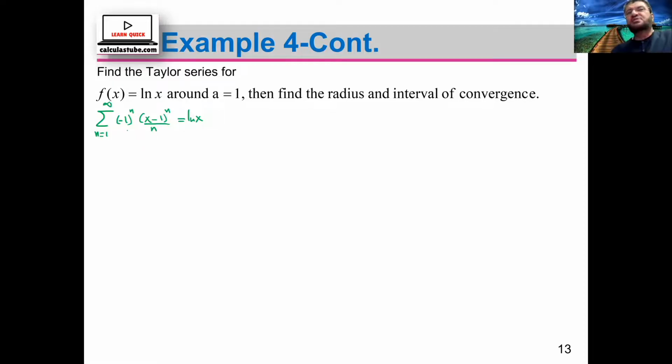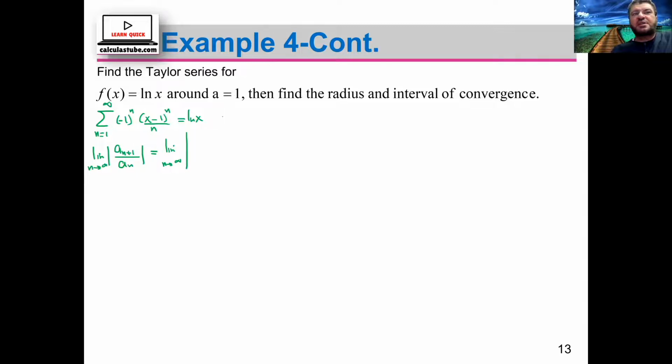Now, to find the radius of convergence and interval of convergence, guys, what do we do? We take the limit of a_(n+1) over a_n as n goes to infinity. What is this equal to? This is equal to the limit as n goes to infinity of the following. a_(n+1), guys.